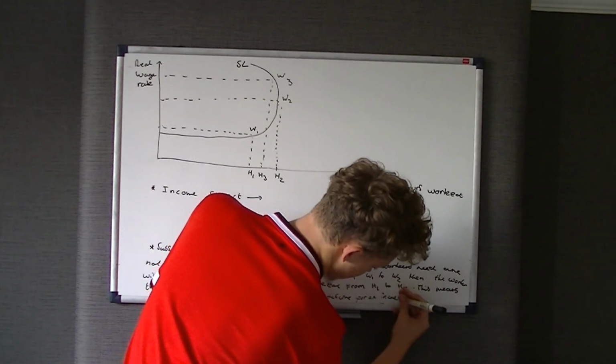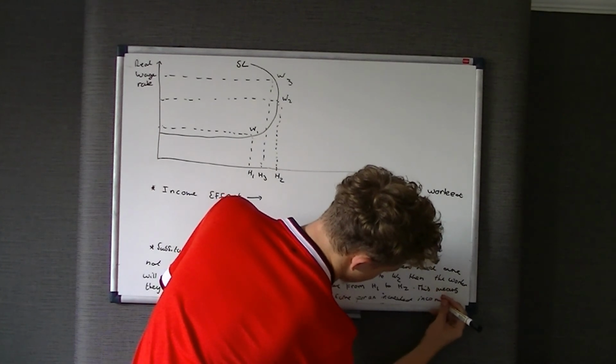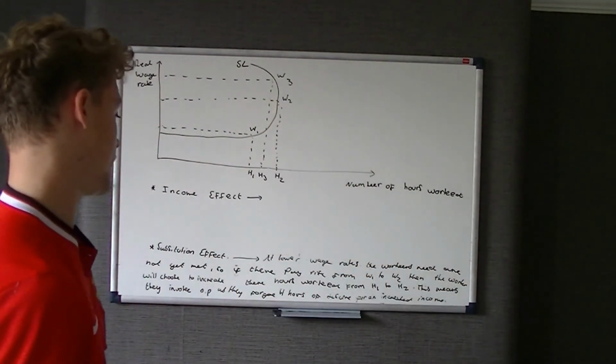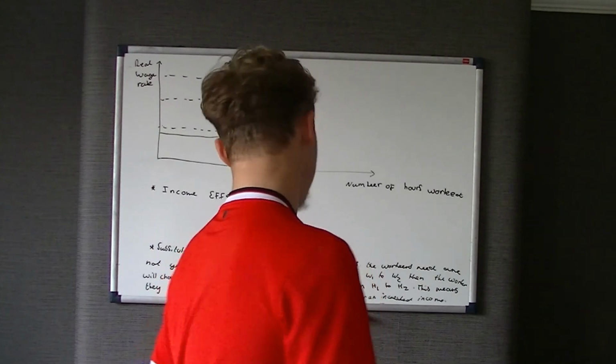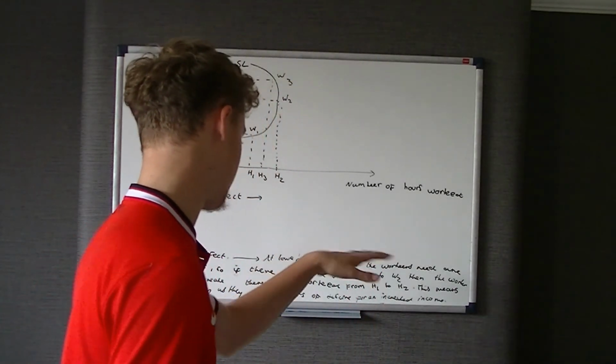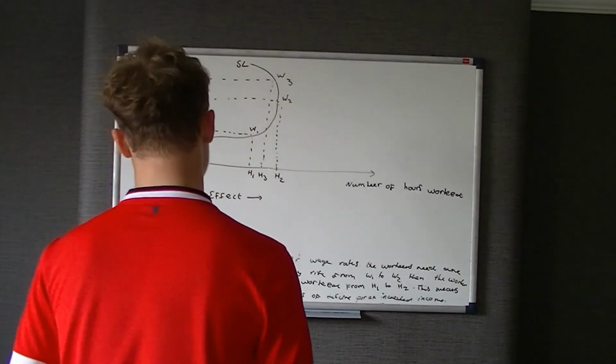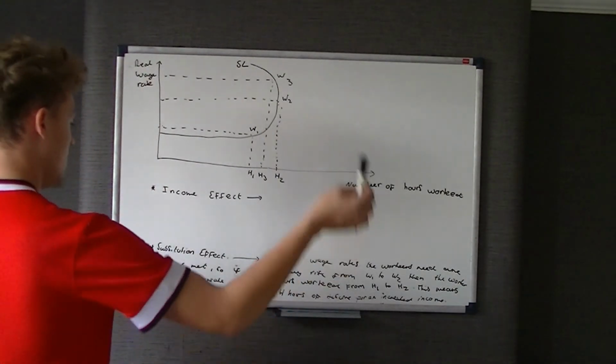And if you were to take that a bit further, you would say that the worker does this opportunity cost because their standard of living has not been met. And we've sort of said that the needs have not been met, but whichever way you prefer to say it. Now obviously the income effect is the opposite of that.